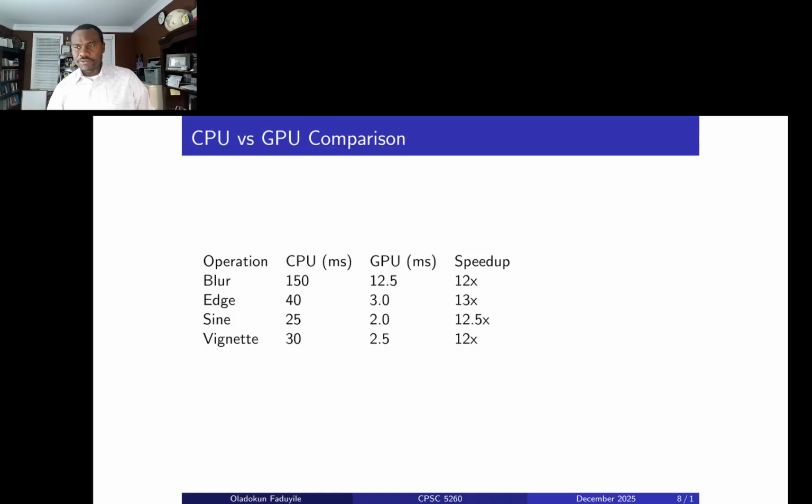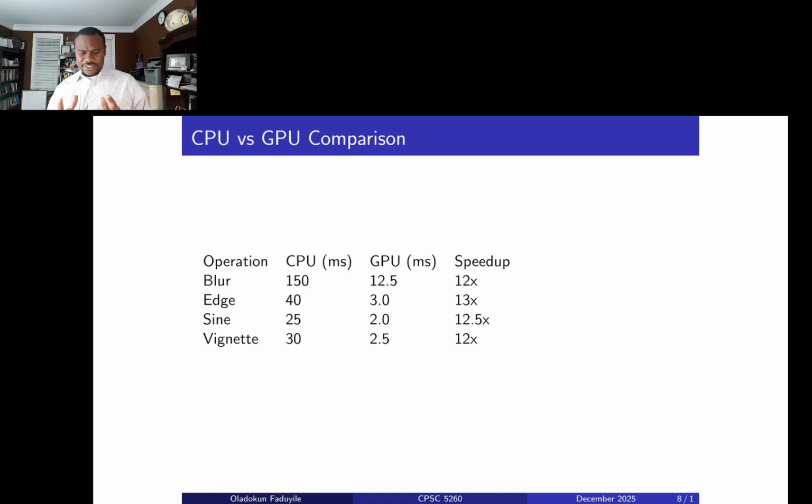So it's a lot faster on the GPU, and likewise the edge. These are the direct timings that I was able to get from that. And you can see the speedup is about 12 to 13 times faster between the CPU and the GPU comparison.